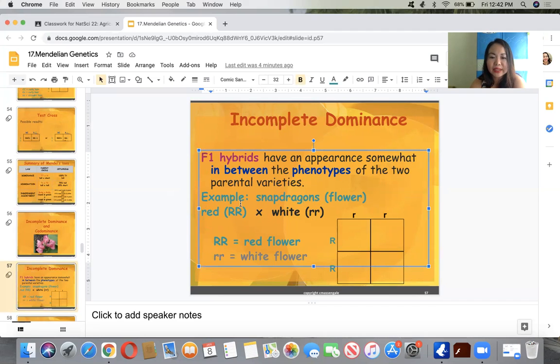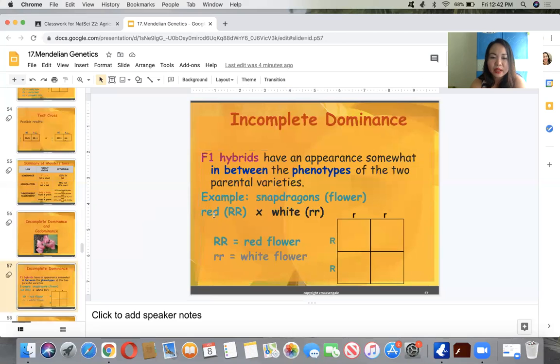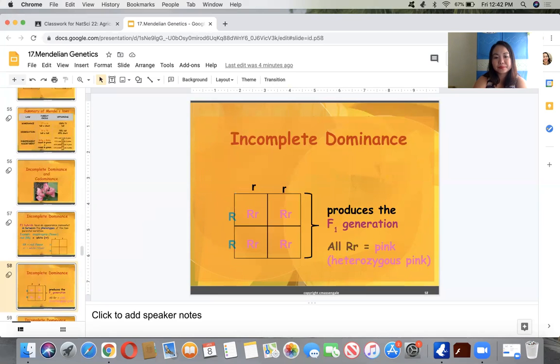For example, the snapdragon's flower with a red dominant R and white recessive R. So you have here the red dominant as red flower and the recessive as white flower. So when you cross them, this will be the incomplete dominance combination.